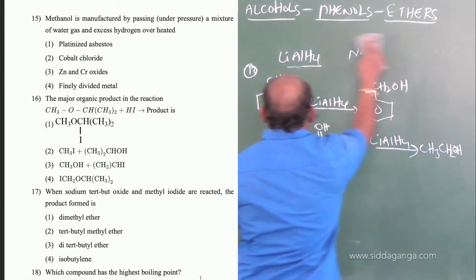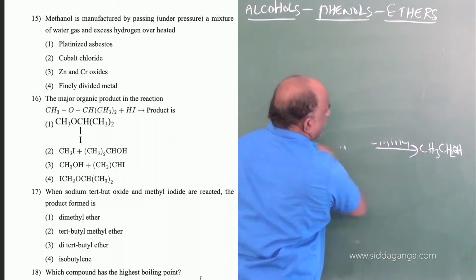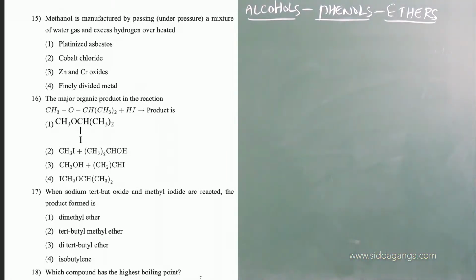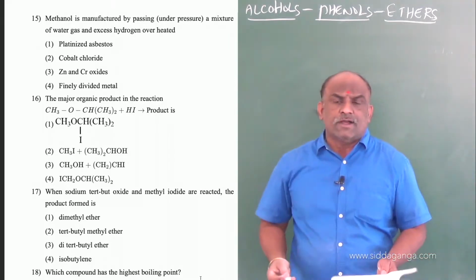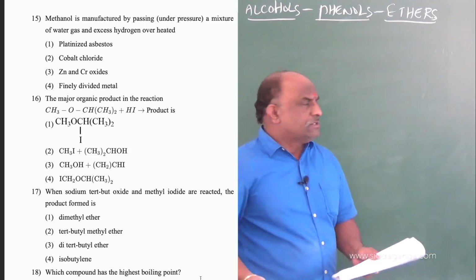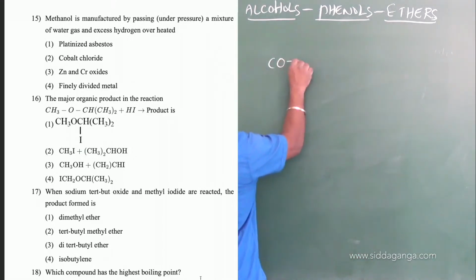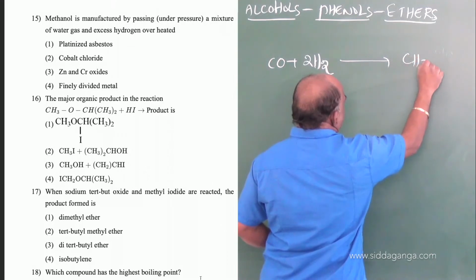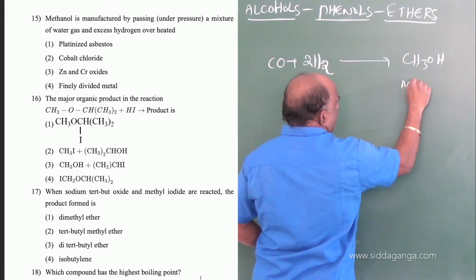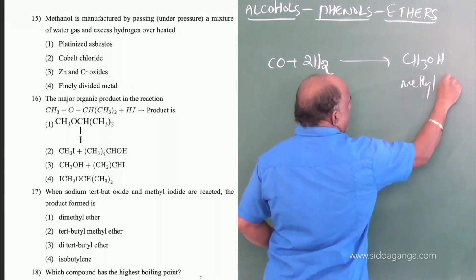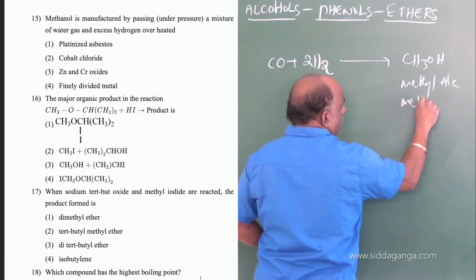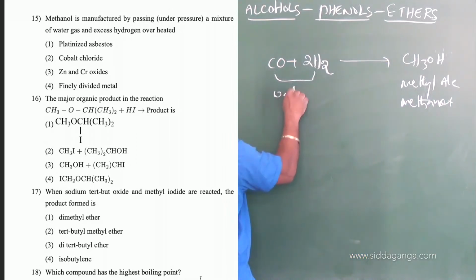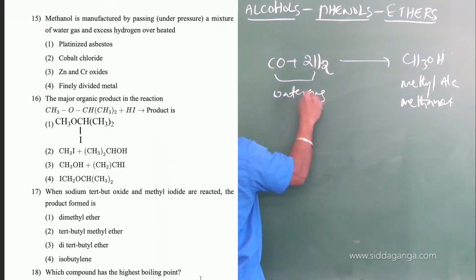Once you observe question number 15, we know that water gas is CO and H2. So CO plus 2H2 gives rise to CH3OH. CH3OH is called methyl alcohol, also called methanol. And this portion, CO and H2, is known as water gas.